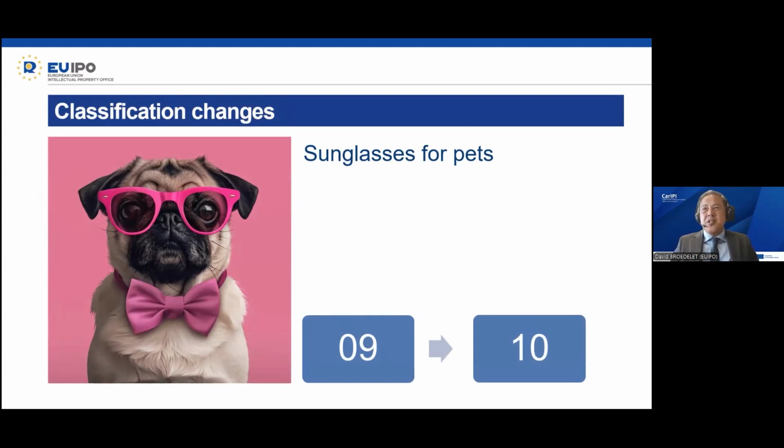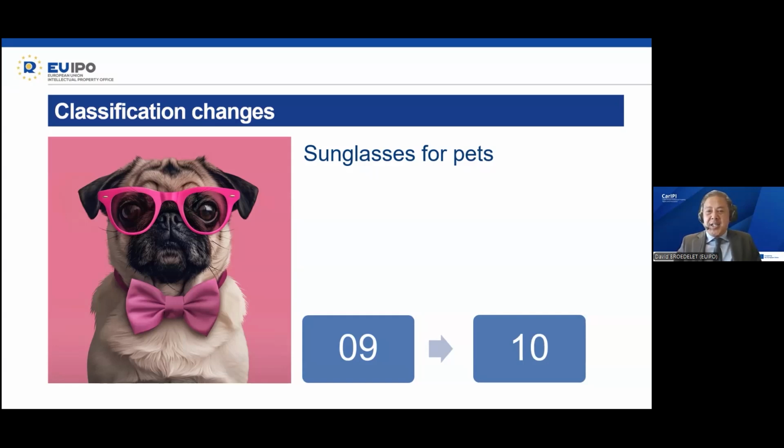What changed, for example, is the product indication sunglasses for pets. This went from class 9 to class 10. Class 9 includes mainly apparatus and instruments for scientific or research purposes, audio, visual, and information technology equipment, and also safety and life-saving equipment.